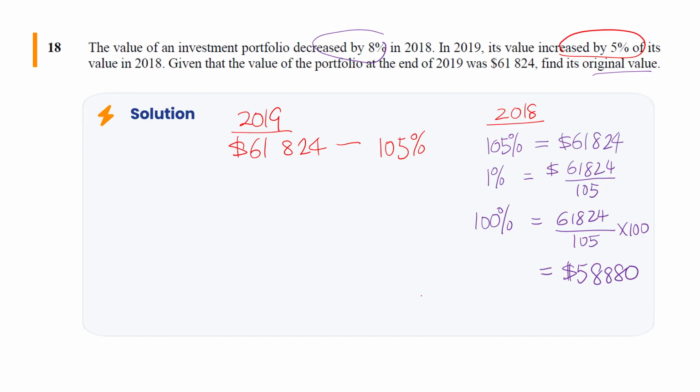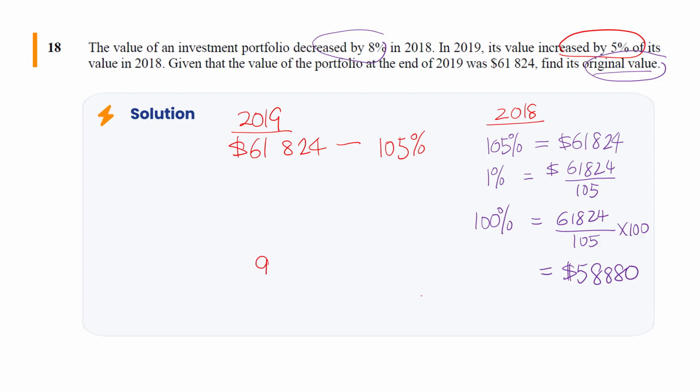You always remember, whatever you need to find, it's the cost price or the base, like in this case, the original value. It's always 100%. Whatever you're finding is 100%. So your 58,880, since it's a decrease by 8%, 100 minus 8 is 92. So your 58,880 represents 92%.